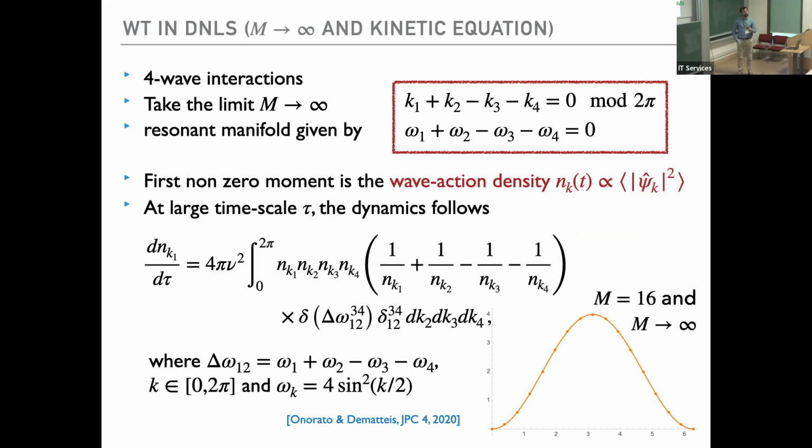But still, we keep the discreteness of the system, and so the dispersion relation is not the same as you would have in the continuous case, because in the continuous case you will just get k squared. But in this case, we have a different dispersion relation that is bounded from above, I think.